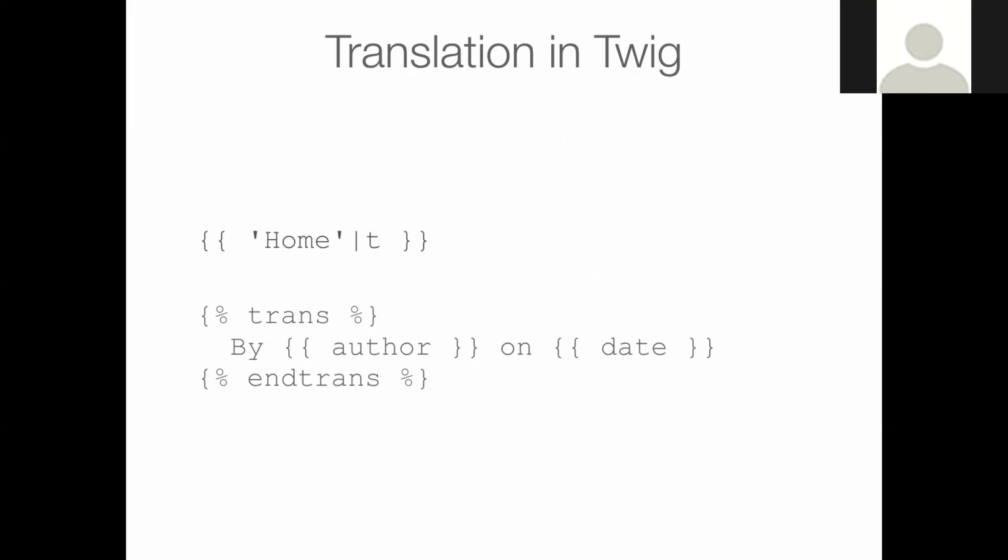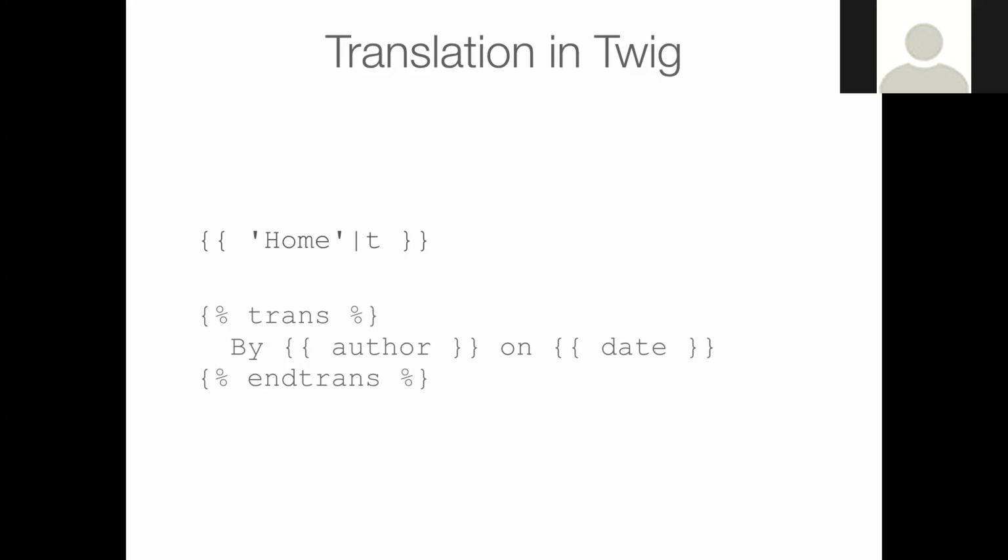And then the other option is to use trans and ntrans tags. So these curly bracket with a % syntax sort of indicates that you're going into Twig's code mode. And so here there's sort of this block that we're creating that's translatable text.